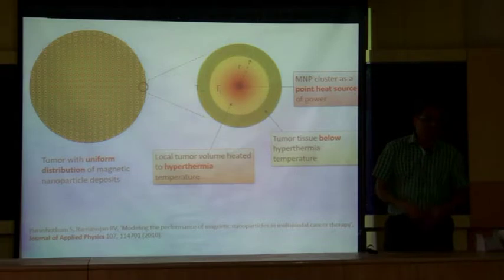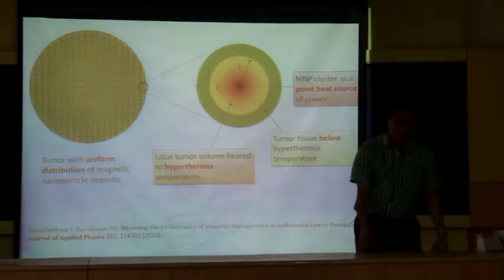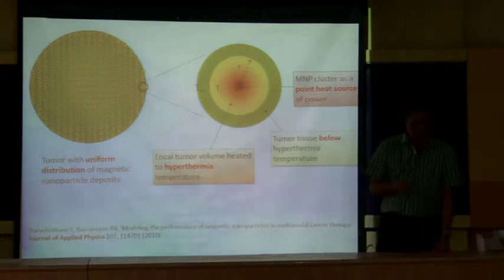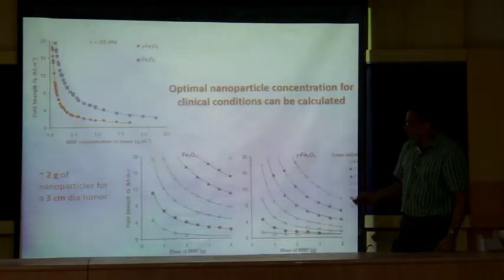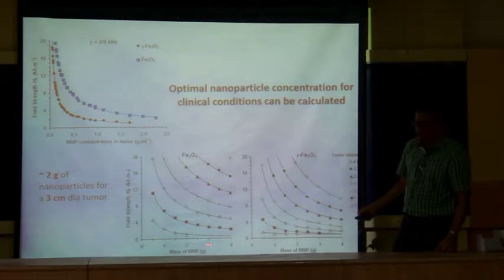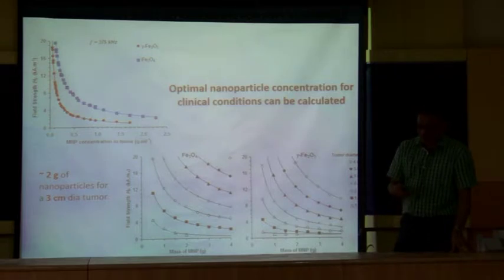So we did some calculations and we found the numbers are very reasonable. So it is a practical method of treatment of cancer. As I said, we calculated how much iron oxide you need for a particular tumor volume, and we found the numbers are quite reasonable.